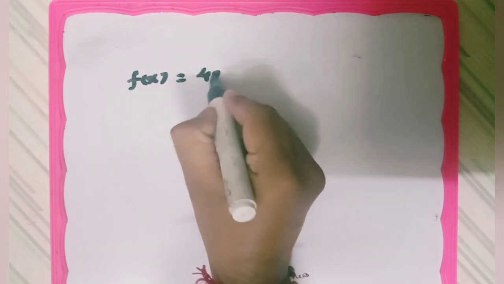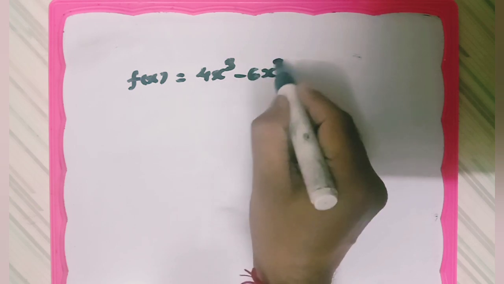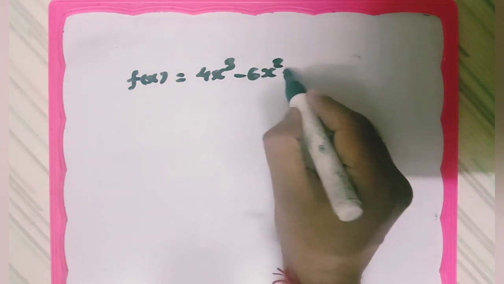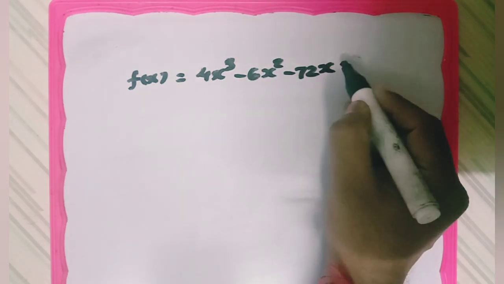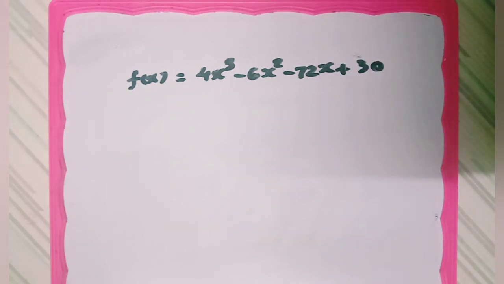Example 11: we have to find the interval in which f(x) equals 4x cube minus 6x square minus 72x plus 30 is increasing or decreasing.